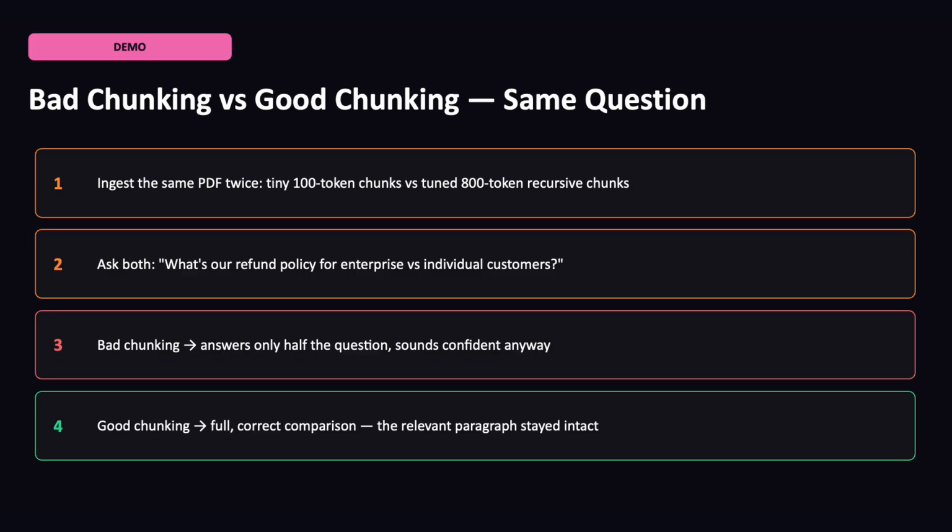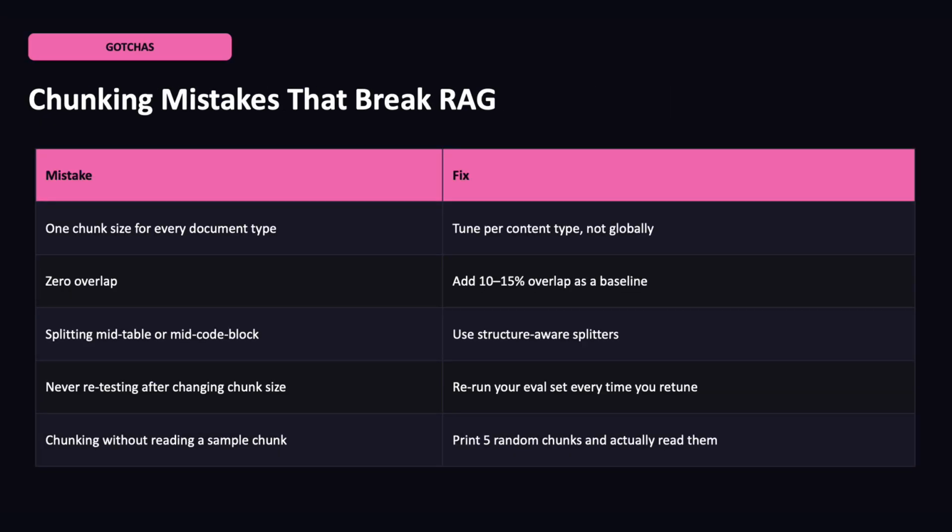Now, the common mistakes. Just a quick list of traps people fall into. Using the exact same cutting size for every single type of document. Skipping the overlap trick completely. Accidentally cutting straight through a table or a block of code.